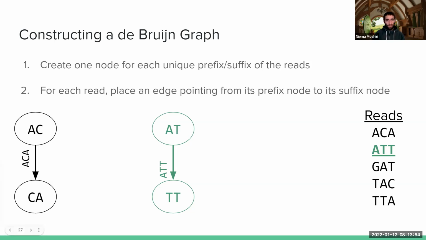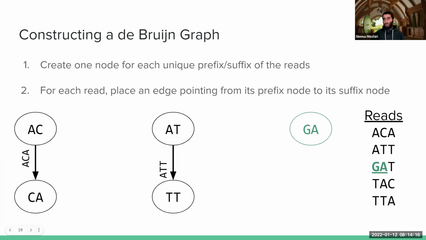Okay, so what about the next one? Now I'm looking at GAT. What's the first thing that I have to do? Feel free to type in the chat. Feel free to unmute. If I'm handling GAT, what do I have to do? Create a node with GA, exactly. I see the prefix is GA. I don't already have a node labeled by that, so let me create one.